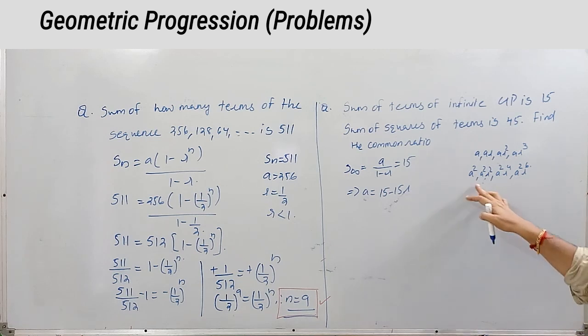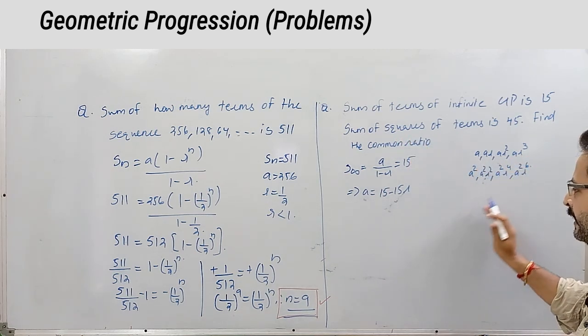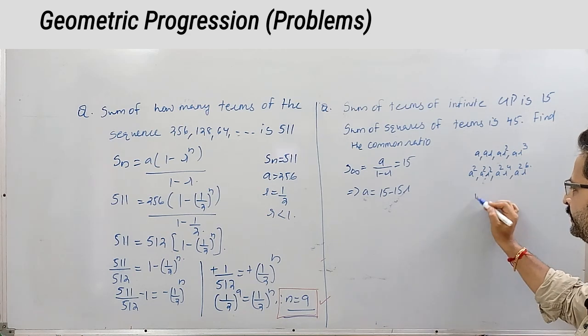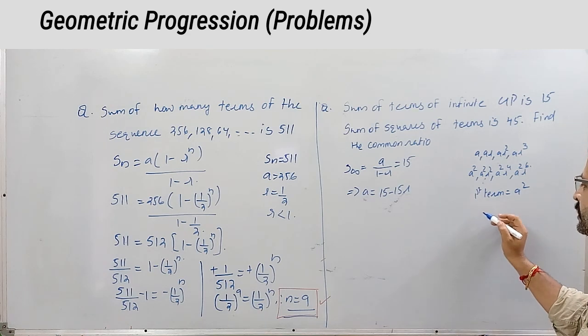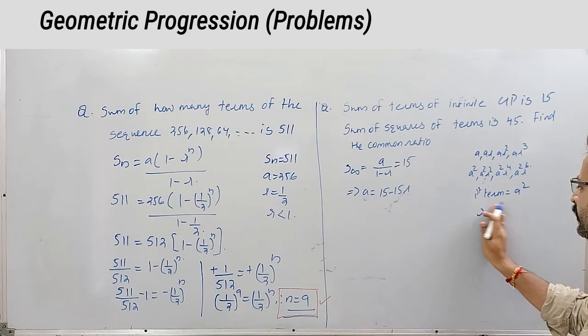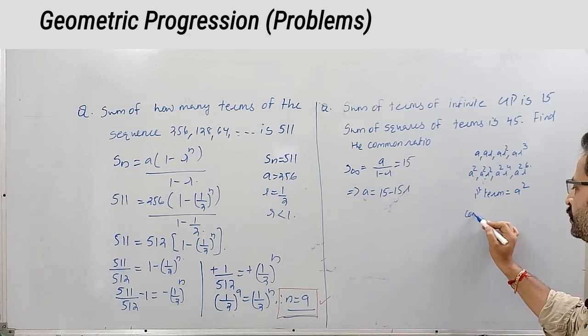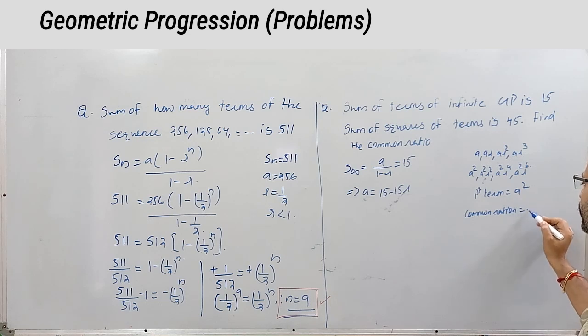So if we square the GP, we get again a GP. Its first term will be A square and its common ratio will be R square.